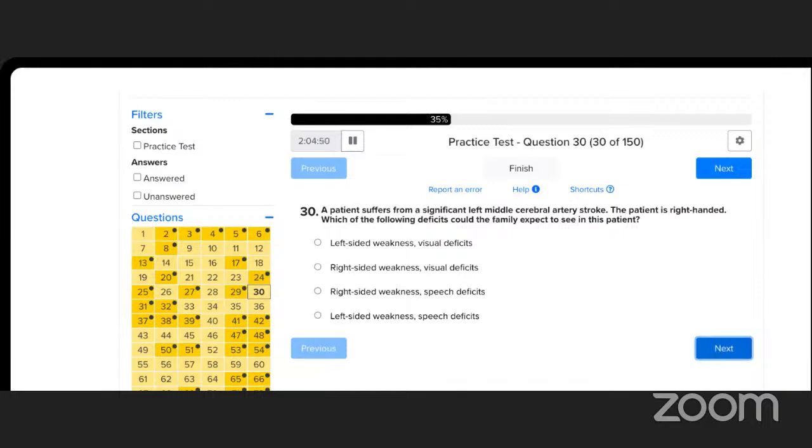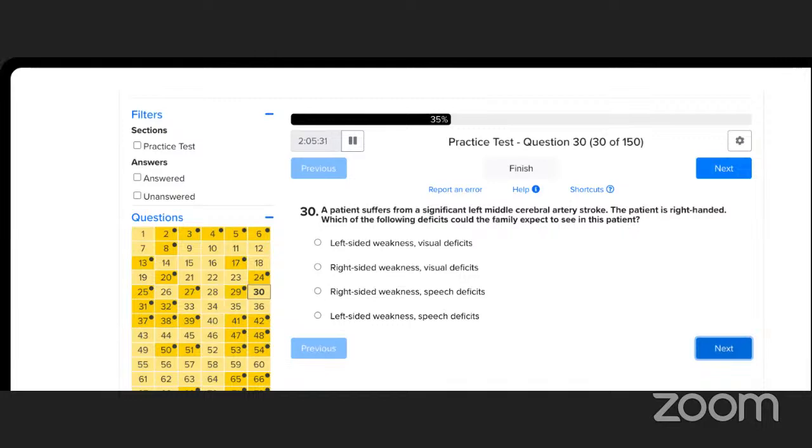Question 30. A patient suffers from a significant left middle cerebral artery stroke. The patient is right-handed. Which of the following deficits should we expect? So the general rule: if the left side was affected with the stroke, which in this case they abbreviated left MCA, the middle cerebral artery stroke, that means you should always expect deficit on the opposite side and vice versa.